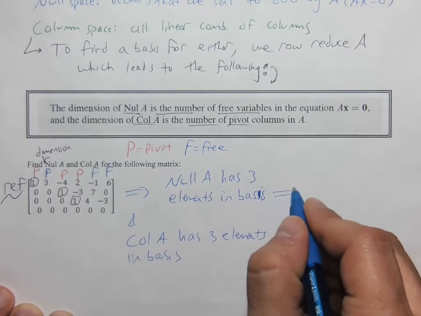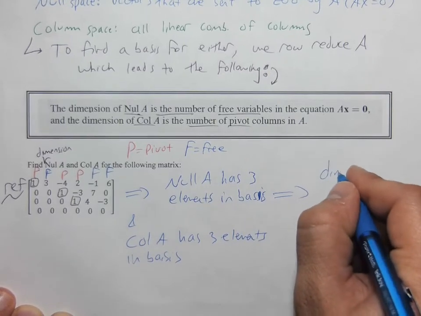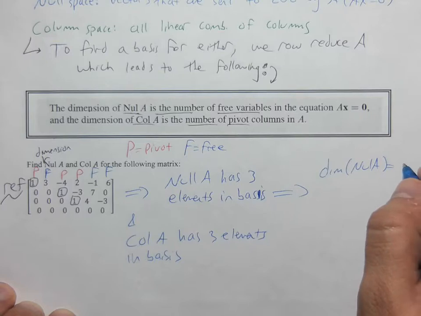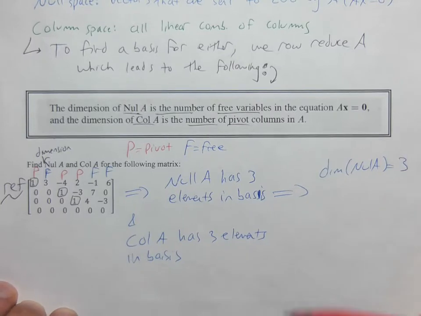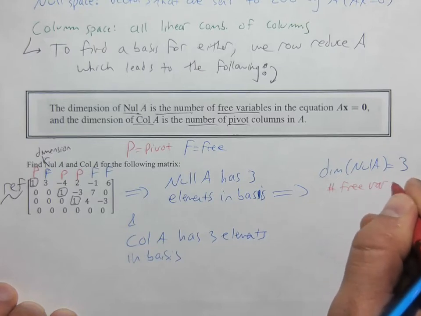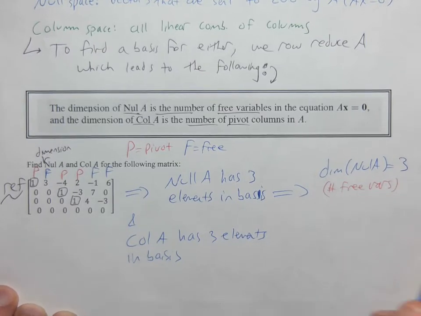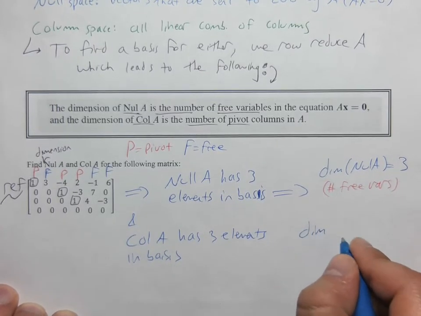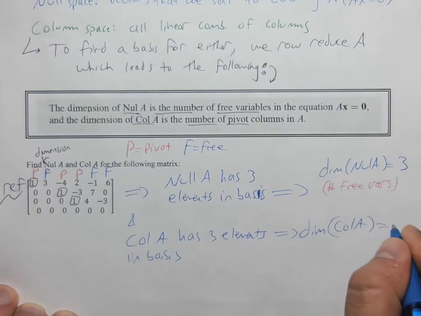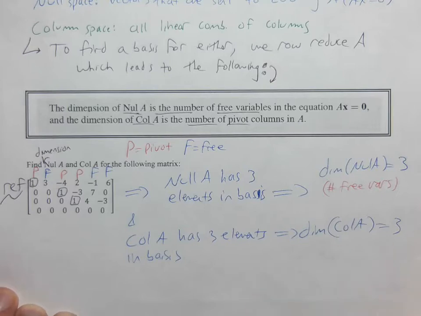And so based on both those things, we can see that the dimension of the null space is 3. Right? It's the number of free variables. And this tells us the dimension of the column space is also 3. It just so happens to be the same, but that's just because the number of pivots happen to work out the same as the number of free variables.